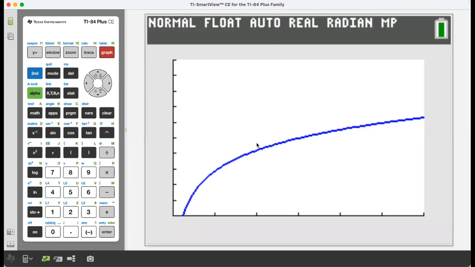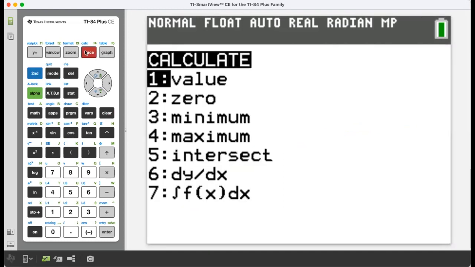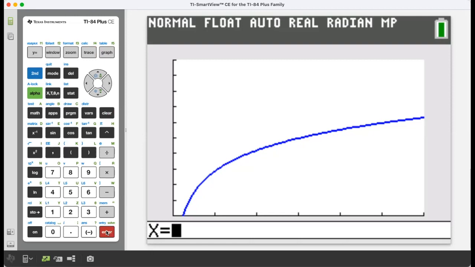So now when we graph it, we see a clearer picture of our function. Well, the first one was saying, estimate the age in human years of a 16-year-old horse. So along the x-axis, with the scale I chose of 5, 10, 15, 16 is somewhere around here, right? But remember, even with the graph, if we're given an x value, we can use the graph to help us find the result. We simply go second, trace, and we have an x value, so we hit enter, and the number was 16.